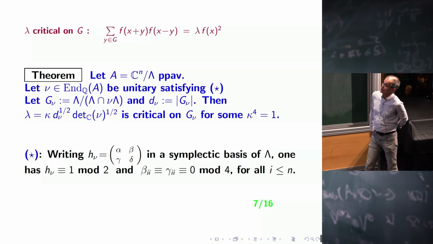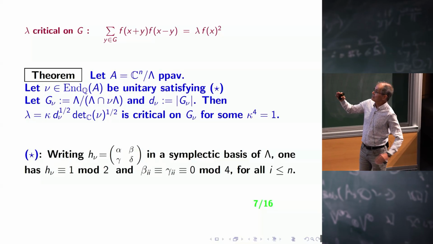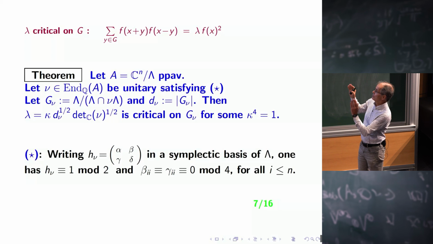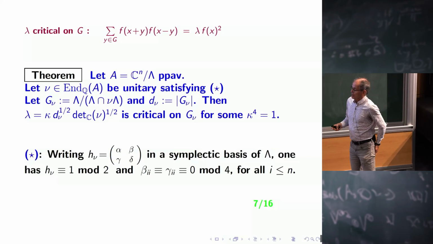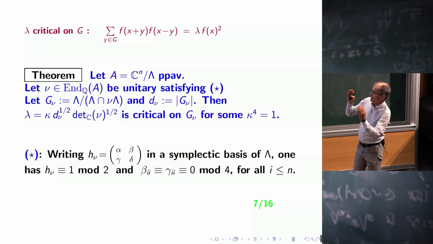So you take your unitary matrix, you take its holonomy, so it's a symplectic matrix in a symplectic basis of your lattice lambda, which has rational coefficients because it doesn't preserve lambda. It preserves lambda only modulo commensurability. So you write it as block matrices, alpha, beta, gamma, delta.